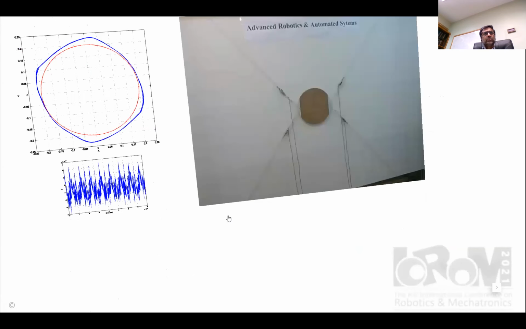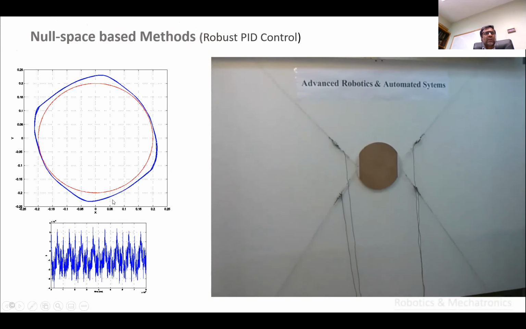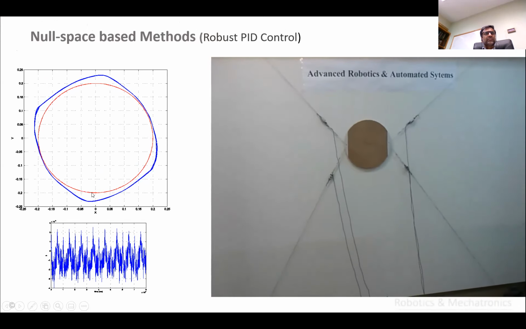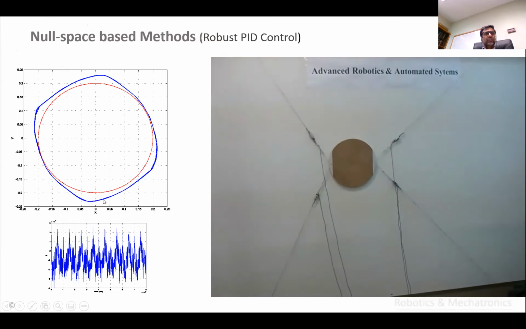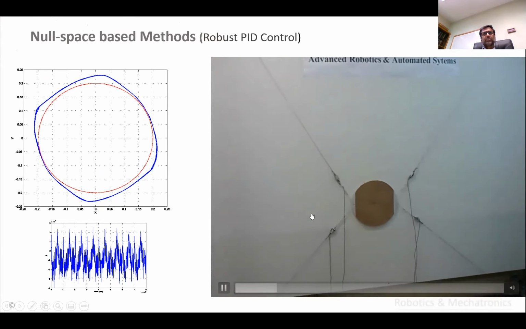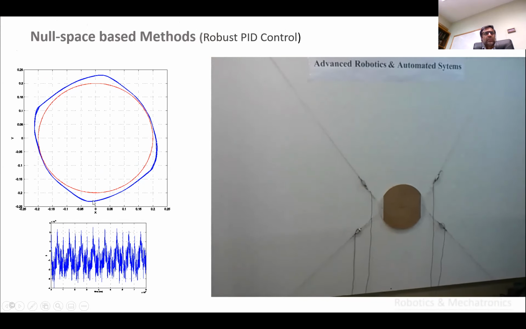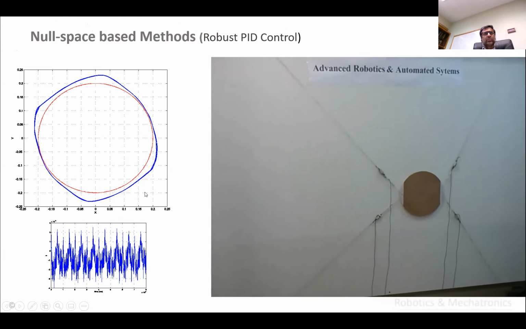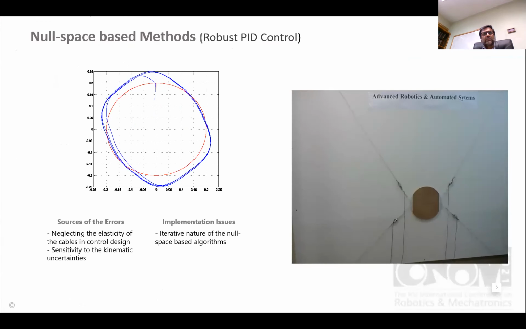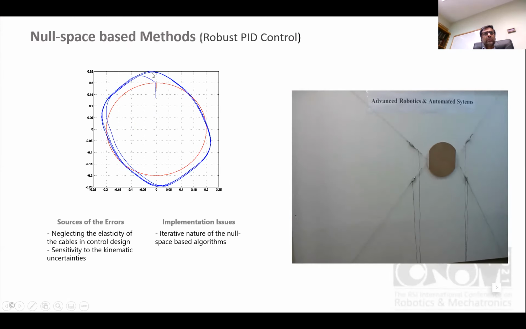And to study the repeatability of the robot, another test was performed. And as you see, for lower speed of the end effector, the repeatability of the robot is good. But when we increase the speed of the robot, as you see, the repeatability is poor.